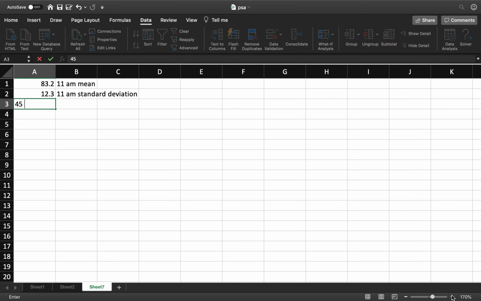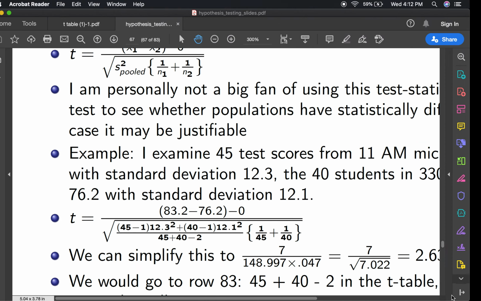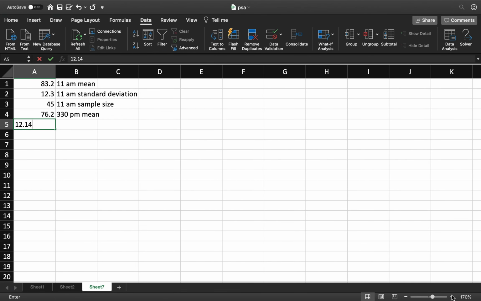Sample size was 45. This is the information for the other sample. Note that the standard deviations are pretty close, so the pooled is not a bad idea here.